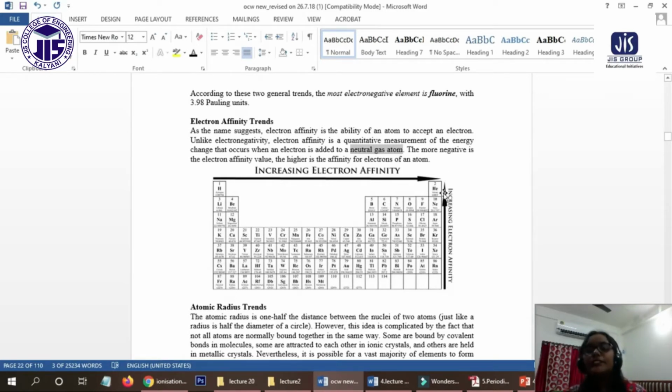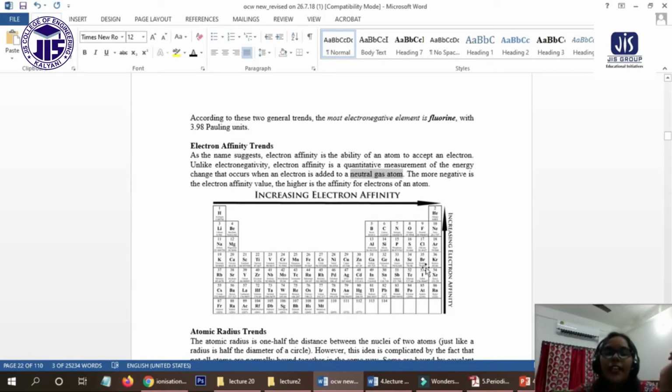That means nuclear charge will increase, and thus the extra electron we are adding at the outer shell will be stable. The maximum amount of energy will be released, so that is why the electron affinity will increase. So this is the trend of electron affinity.